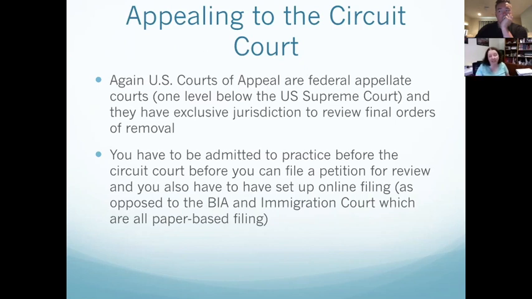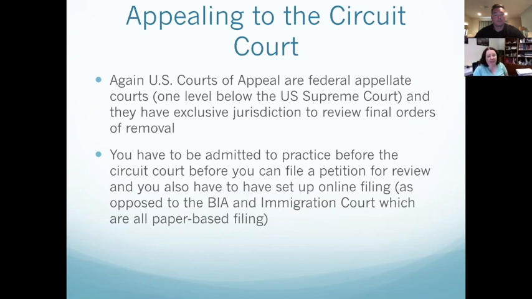But in most cases, if you have a decision by the BIA dismissing a case or denying a motion to reopen, it can be reviewed by the U.S. Court of Appeals. There are some issues where the Court of Appeals has said that they don't have jurisdiction over discretionary decisions, and that's just something you need to know when you are doing those cases.